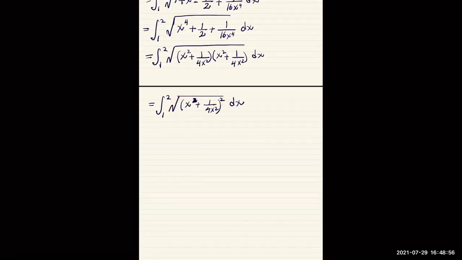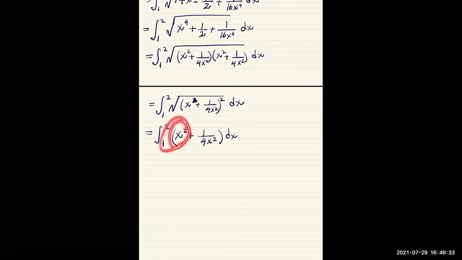They just, in a way, cancel each other. You get the integral from 1 to 2 of x squared plus 1 over 4x squared. The square root of the square cancels and you get what's inside.